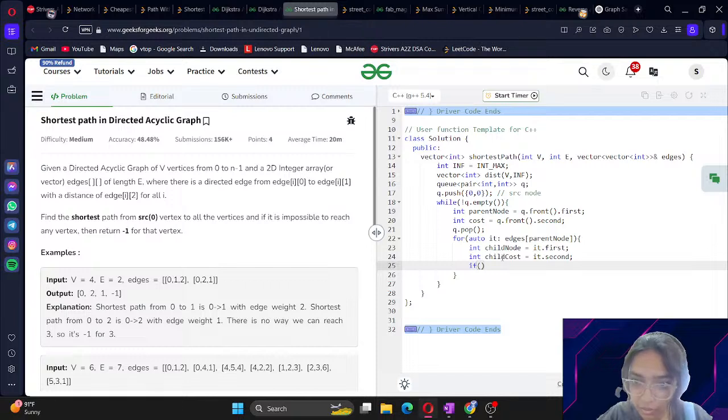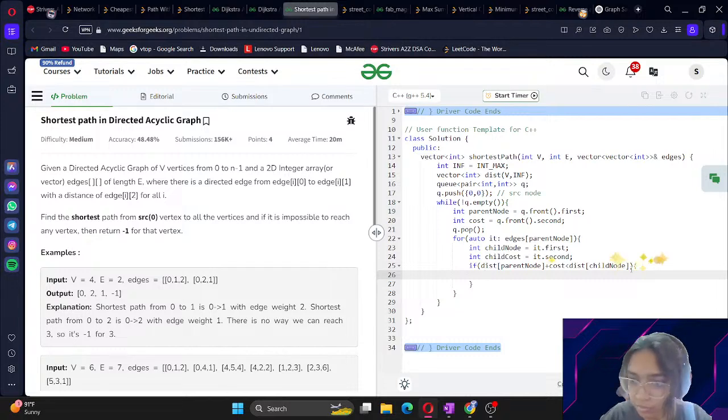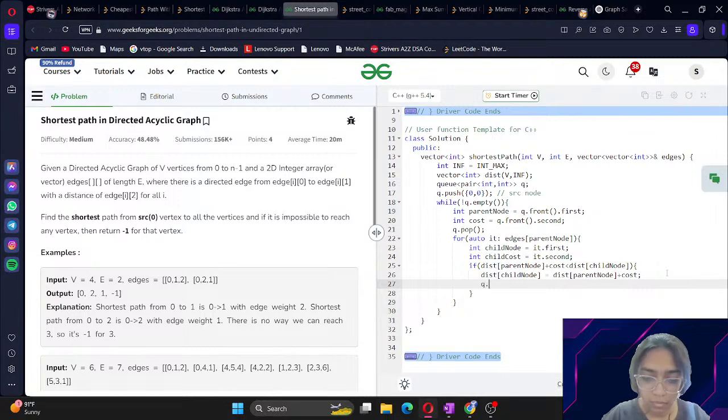If distance of parent node plus cost is less than distance of child node, then q dot push child node comma child cost.